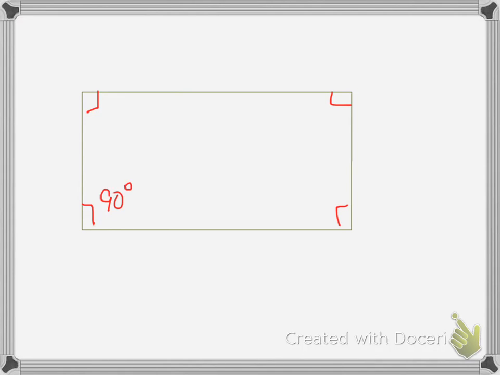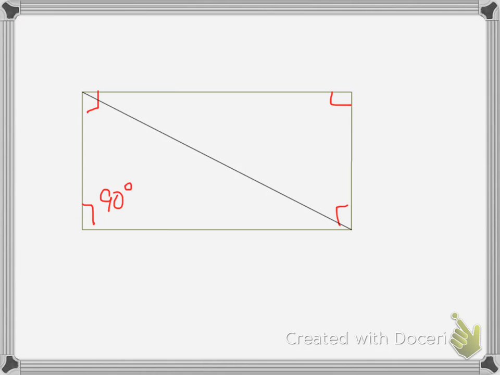And so what I'm going to do is construct a diagonal on my quadrilateral, like that, dividing it into two triangles. So you might want to pause the video and think, what do we know about these triangles and how do we know it?